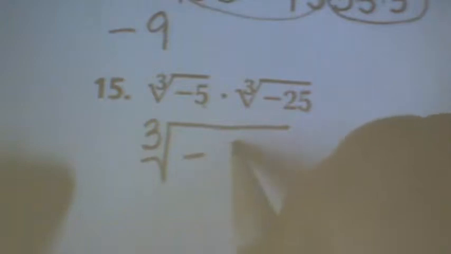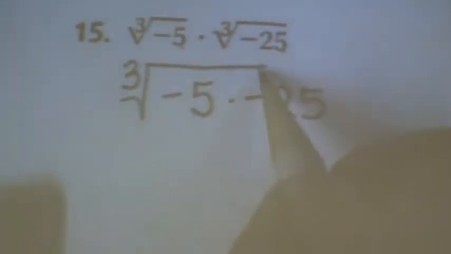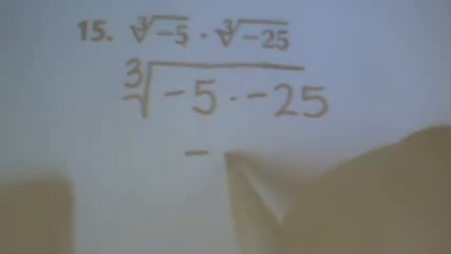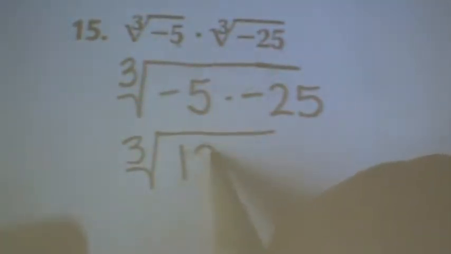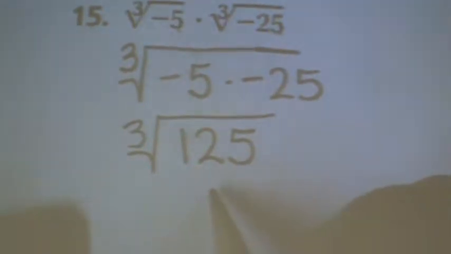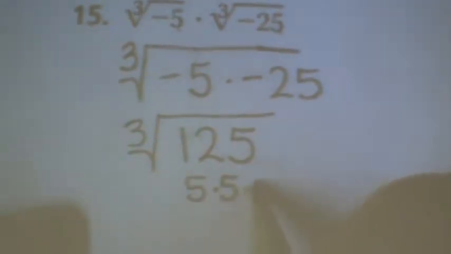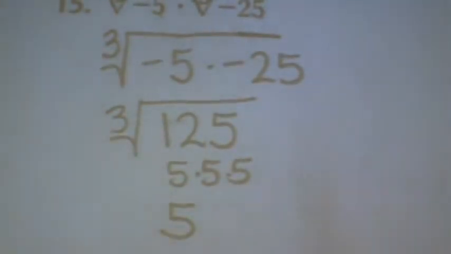We're going to get negative 5 times negative 25 is positive 125. And 5 times 5 times 5 is 125, so the answer is 5. We have 3 5's.